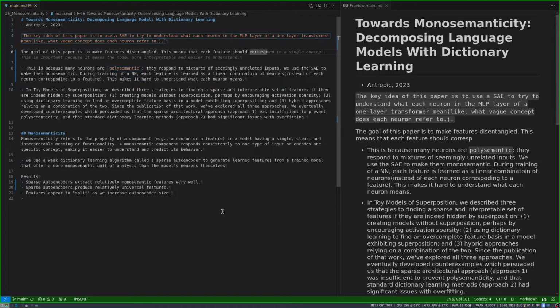Okay, features can also mean multiple things, right? So I think what the word feature means is a concept that a few neurons together make, and this concept can also be polysemantic. So what are we trying to do? How can we do it?